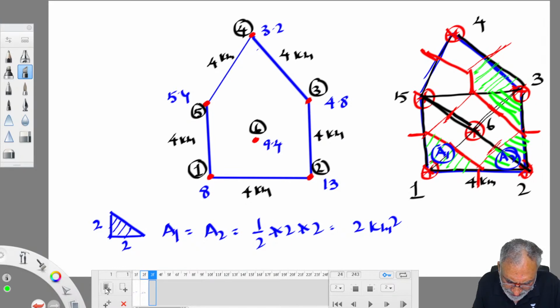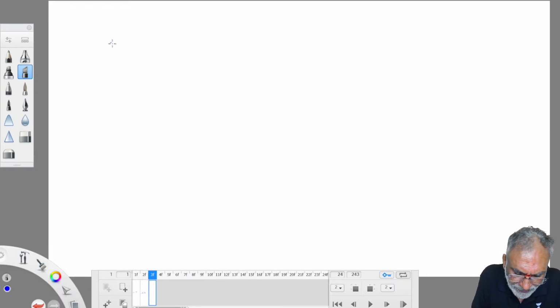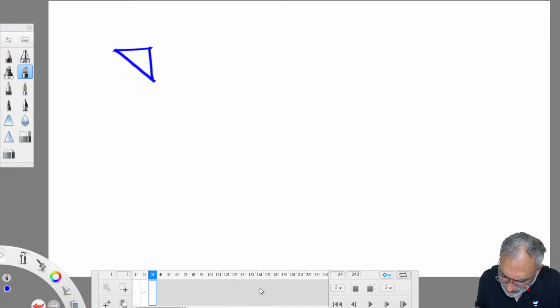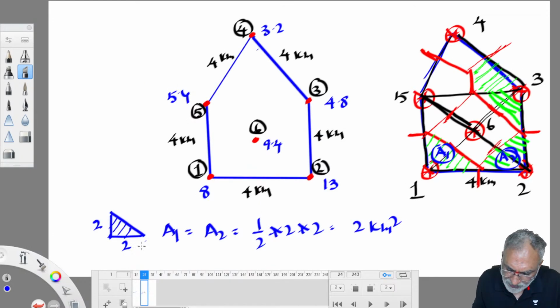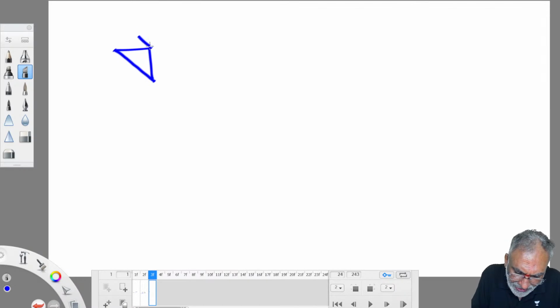So for station 3, how much area will come? Half BH comes from the square, and 1/3 of the equilateral triangle area comes from the equilateral triangle.